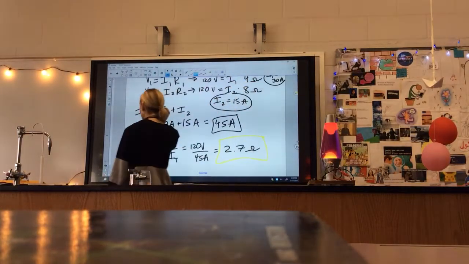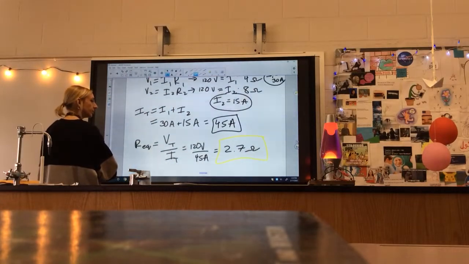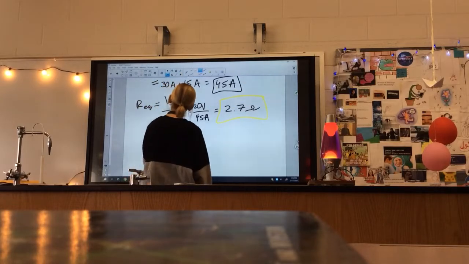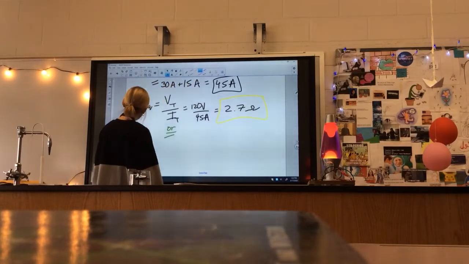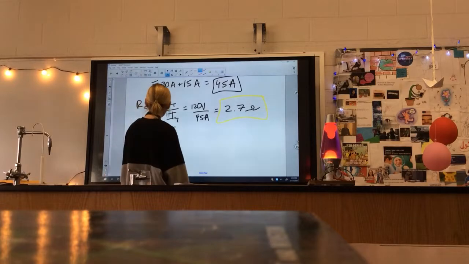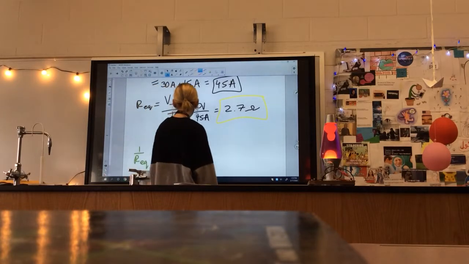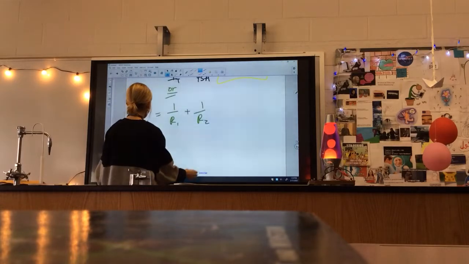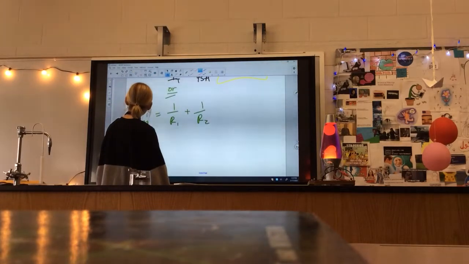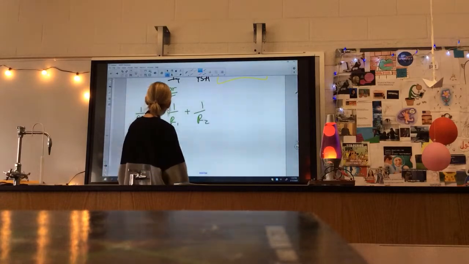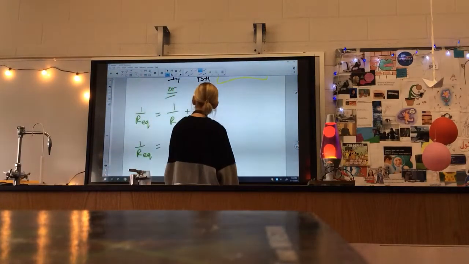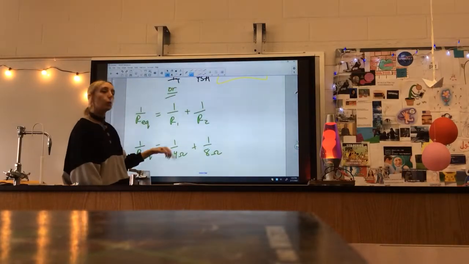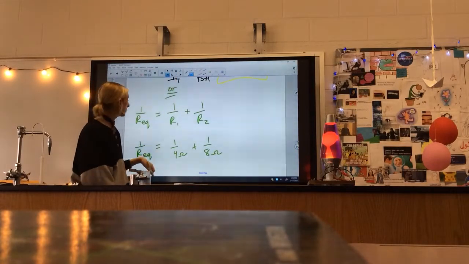Let's see if we solve it the other way, we get the same answer. Or we can use 1 over REQ is equal to 1 over R1 plus 1 over R2. So let's do that. 1 over REQ equals 1 over 4 ohms plus 1 over 8 ohms. First, we should really get a common denominator, or you can convert these into a decimal.